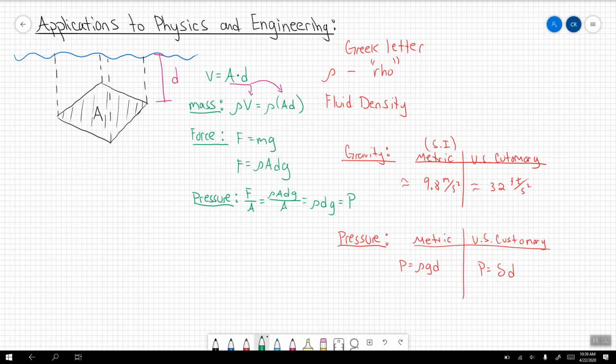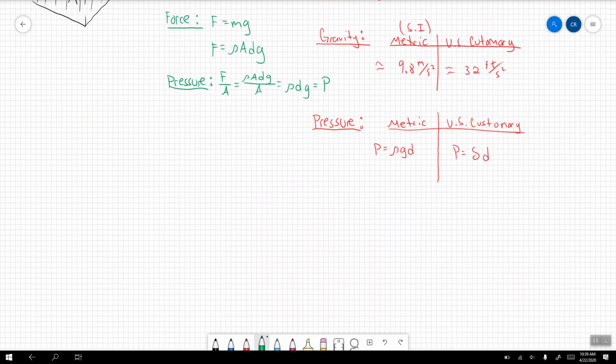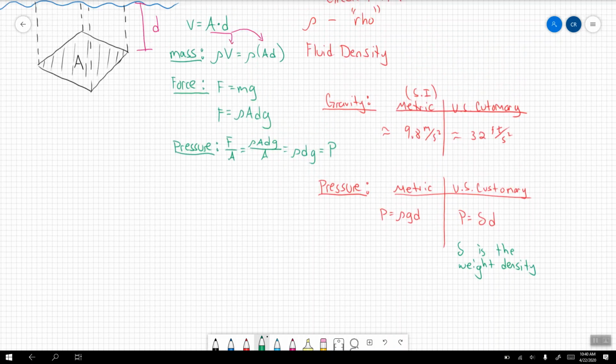Delta here is the weight density of the object, so we have to keep in mind that delta is the weight density.